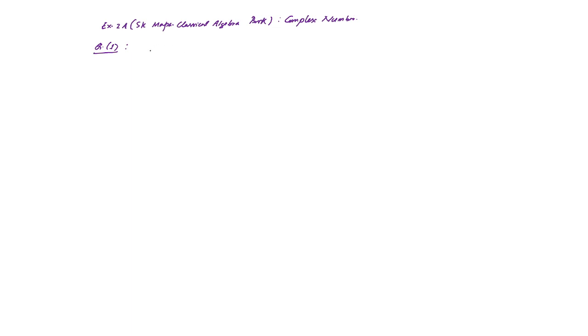So here question number 1 is basically: let z1 and z2 be two complex numbers, then prove that, Roman 1, |z1 z2 bar + z1 bar z2| is less than or equal to 2 mod z1 multiplied by mod z2.